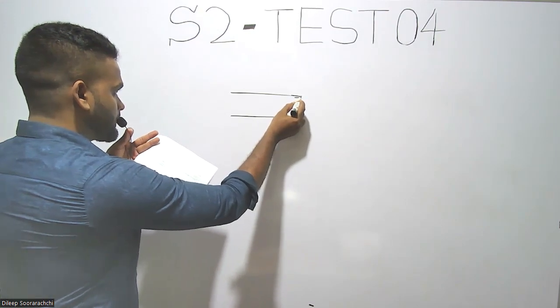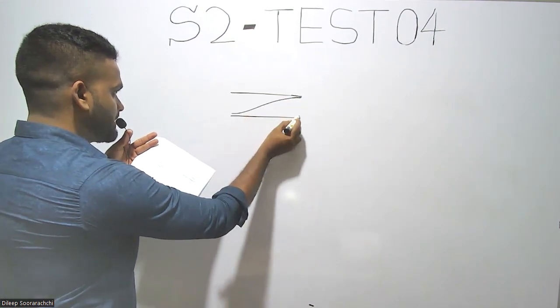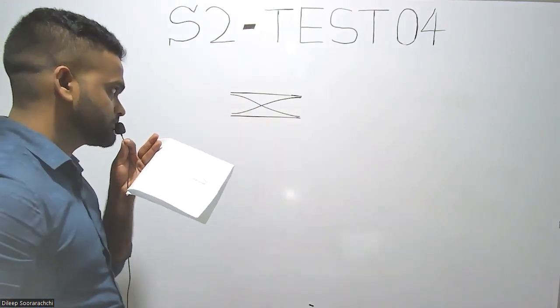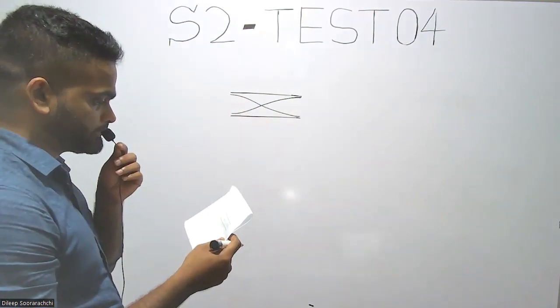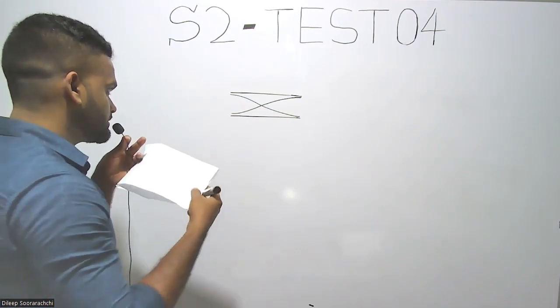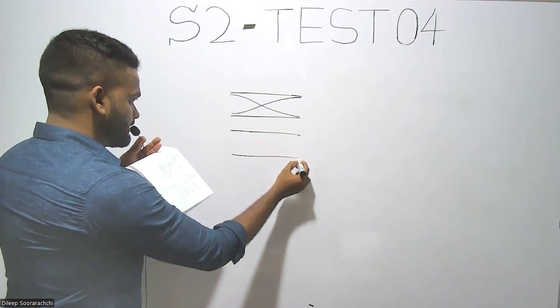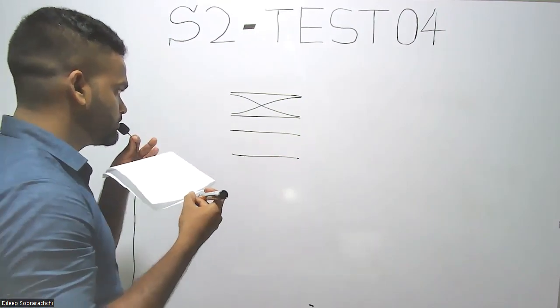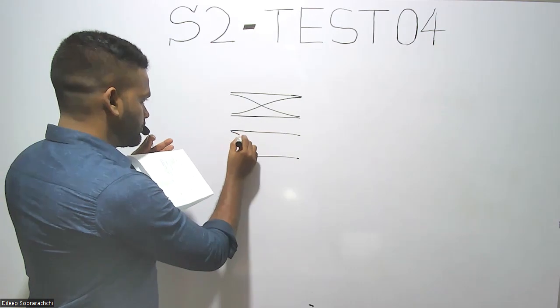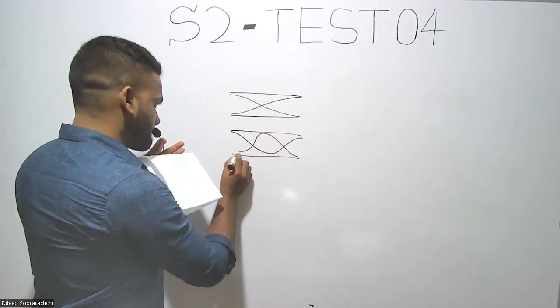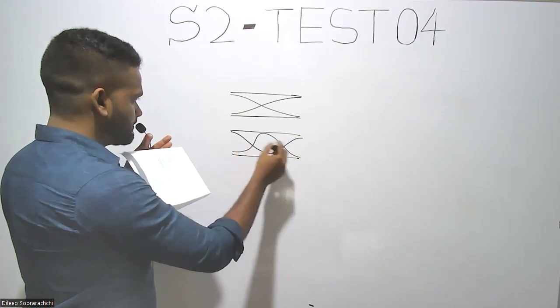This is the fundamental for an open pipe. For the first overtone we need to add another loop. So the only way we can add a loop is like this. So this is the first overtone.